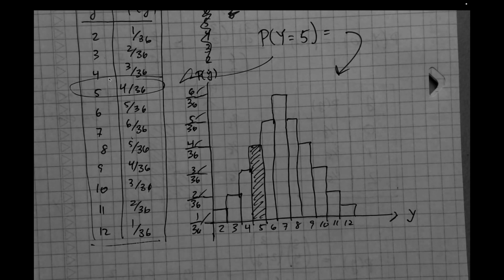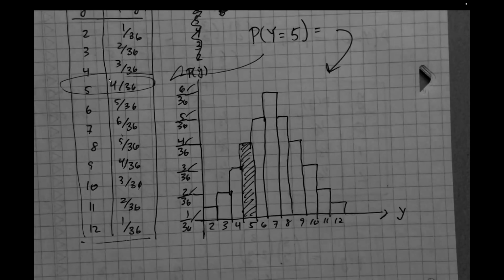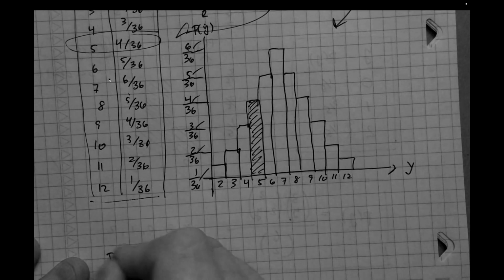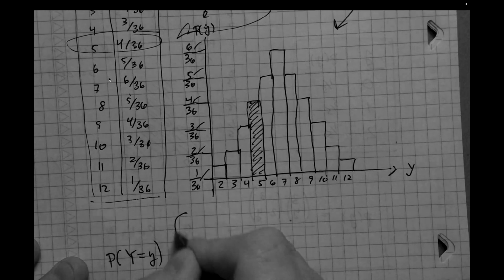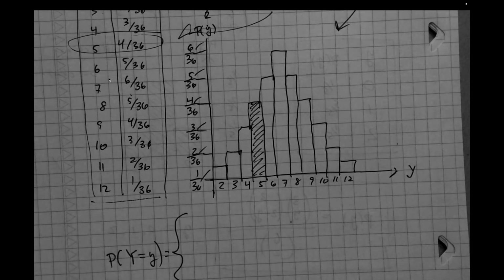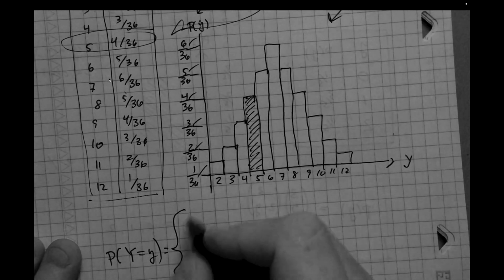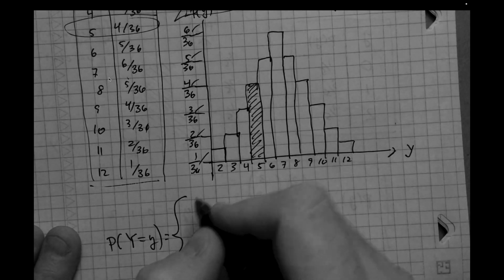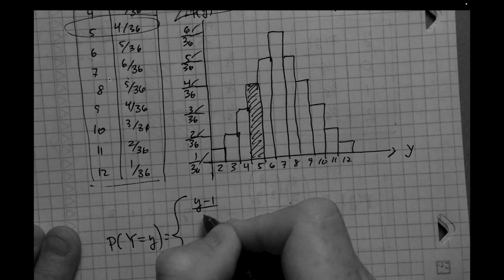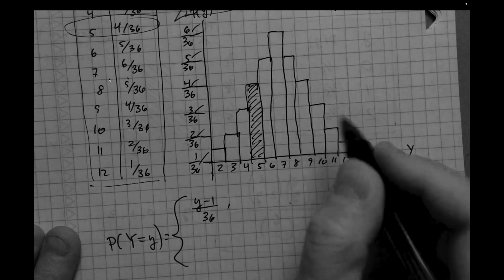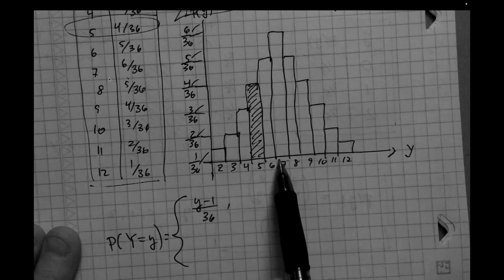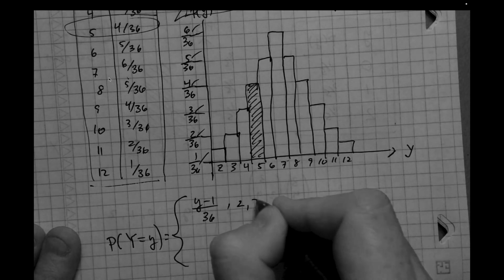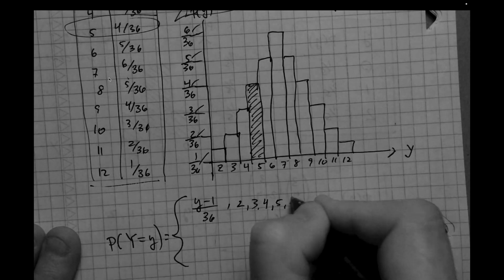Now, how could we represent this as a formula? There are probably different ways to do it. The way that I can see is to do a piecewise function. We could say that the probability that y equals y is (y minus 1) over 36, and this works for all the values less than or equal to 7, so 2, 3, 4, 5, 6, or 7.